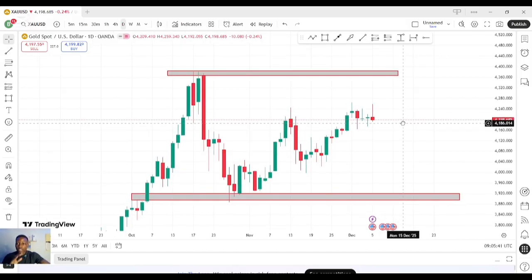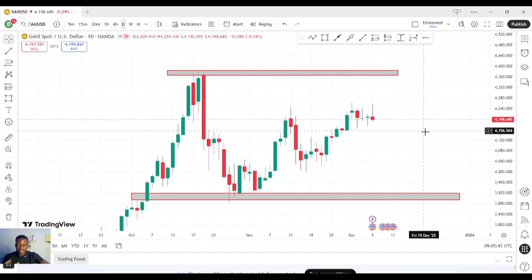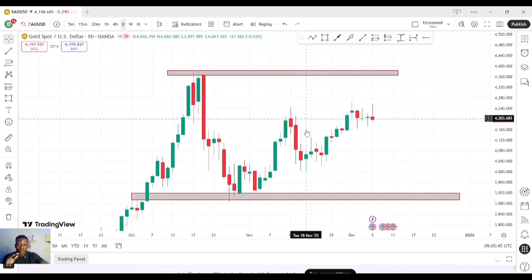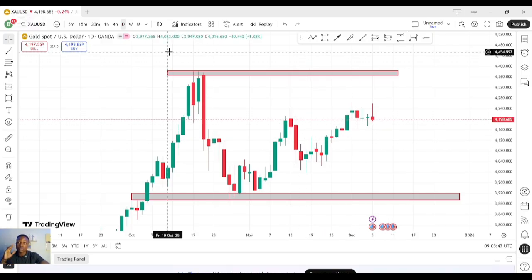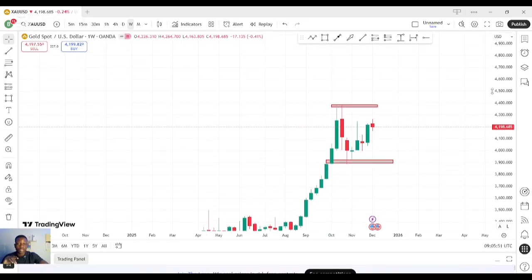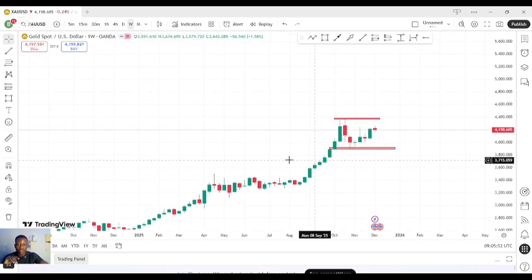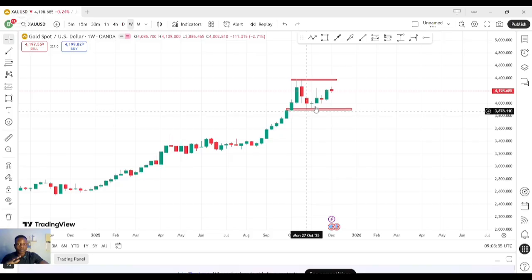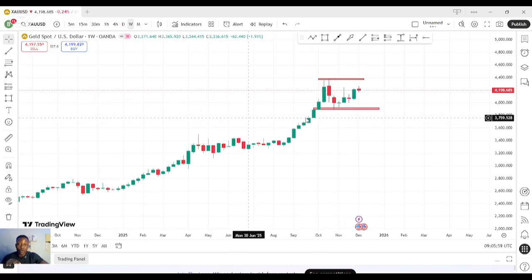So if you come to your chart, this is the daily time frame. If you want to know the overall direction of the market, you go to your weekly time frame. On the weekly time frame, what exactly are you seeing? Since the market created an all-time high, it has been doing this type of retracement for the longest time.